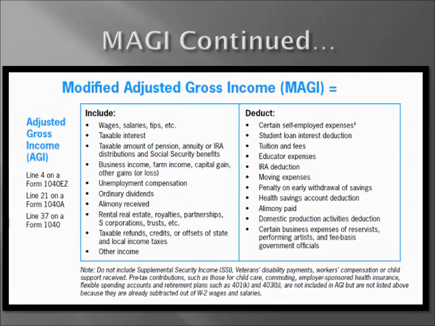Then the following can be deducted: self-employment expenses, student loan interest, tuition and fees, educator expenses, IRA deduction, moving expenses, alimony paid, and so forth.